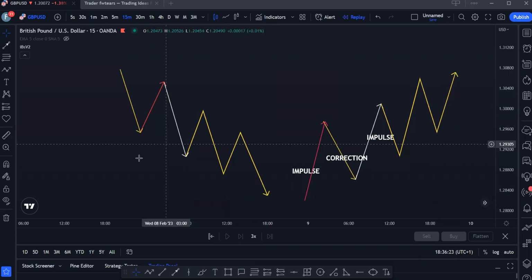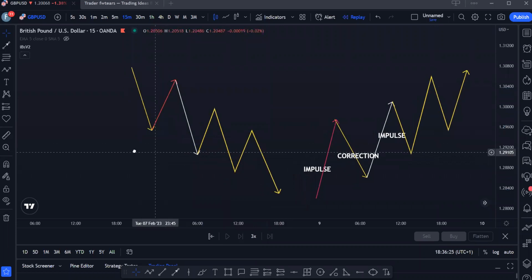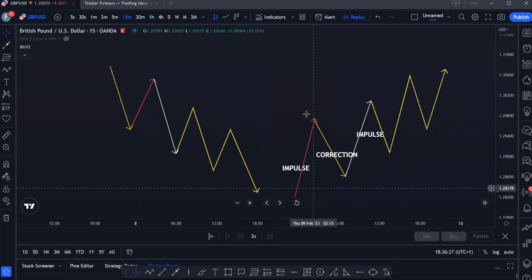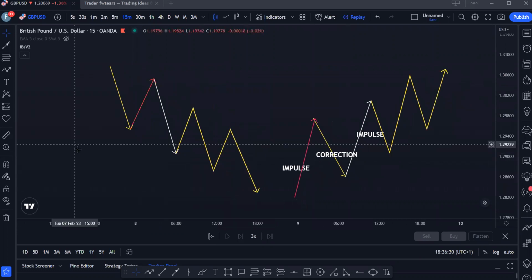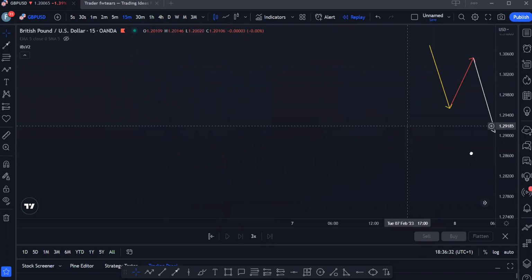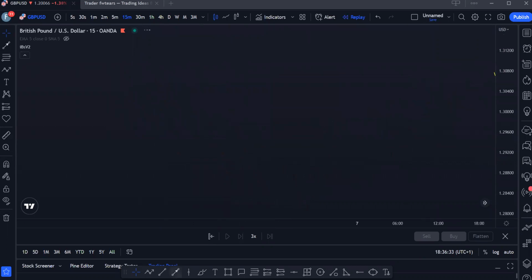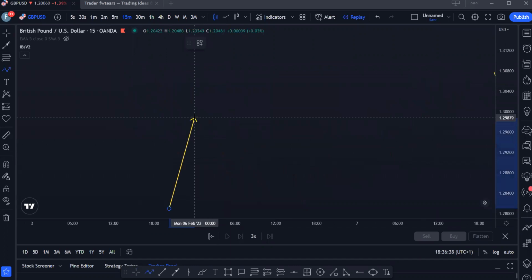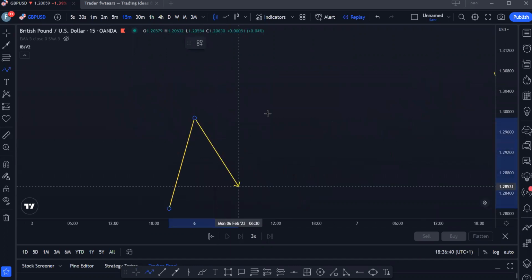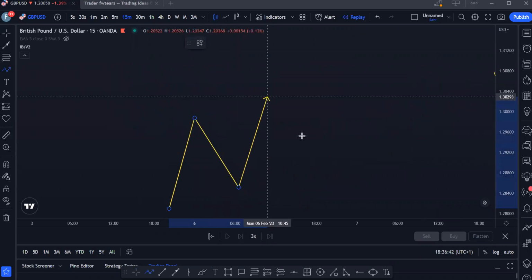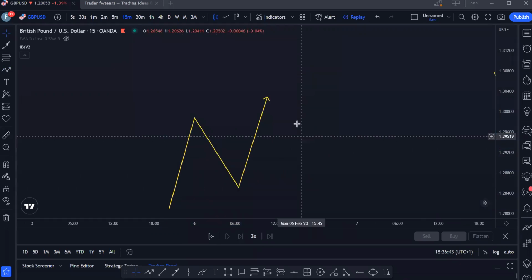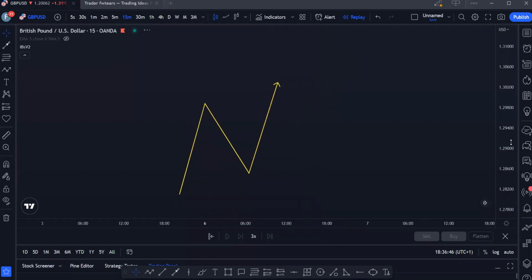Now, let's go a bit deeper into this impulse, correction, and impulse. Let's start from an uptrend. An uptrend is what? Impulse move, correction move, and another impulse, right? Now, let's label each of these turning points.